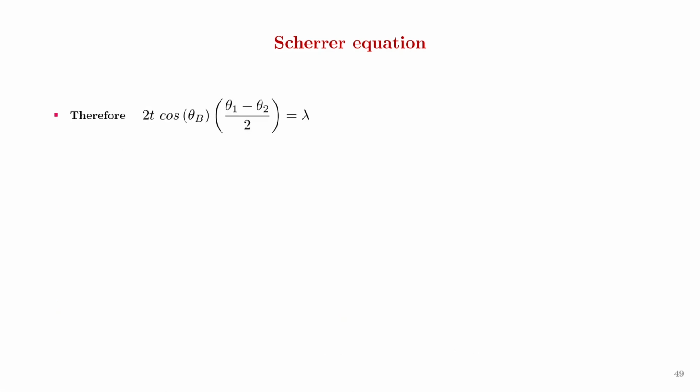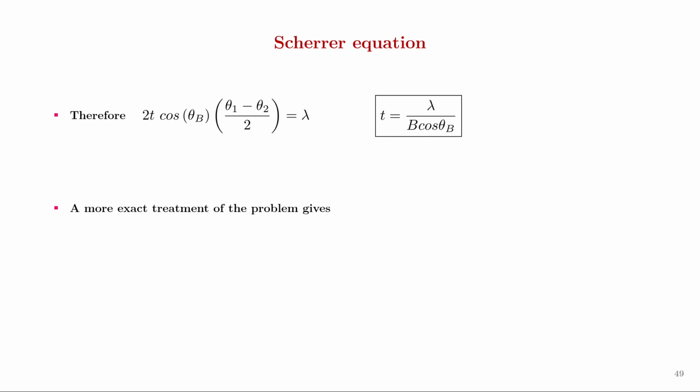When we make this substitution, we have 2t cos theta b times theta 1 minus theta 2 divided by 2 equal to lambda. When we substitute for B, which is theta 1 minus theta 2, we have t equal to lambda over B cos theta b.